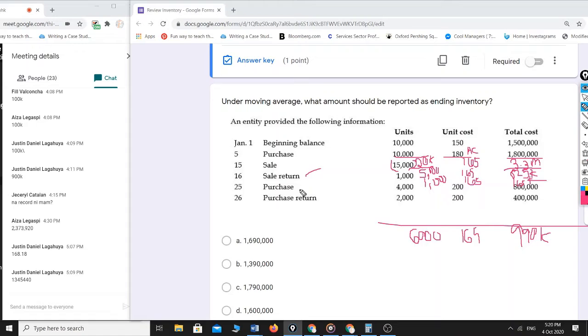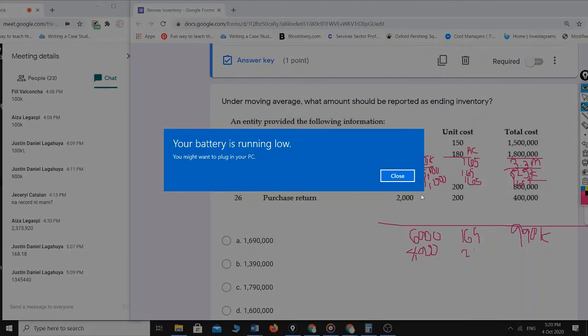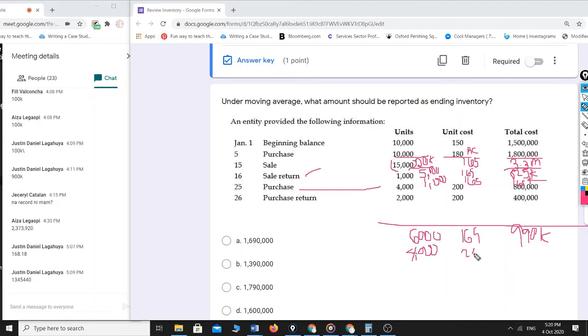Next, on January 25, we update because there was a purchase. So 4,000 units were bought at 200, so the company paid 800,000. Since it is a purchase, you need to update your average cost.